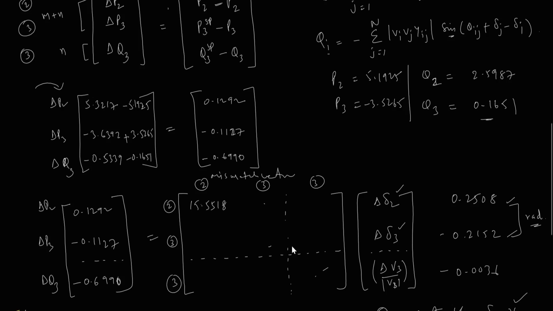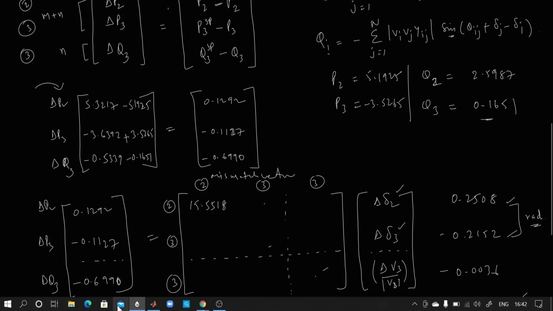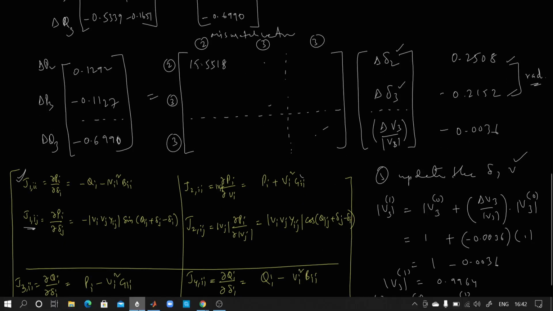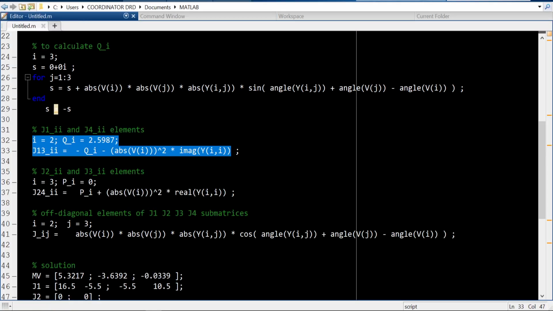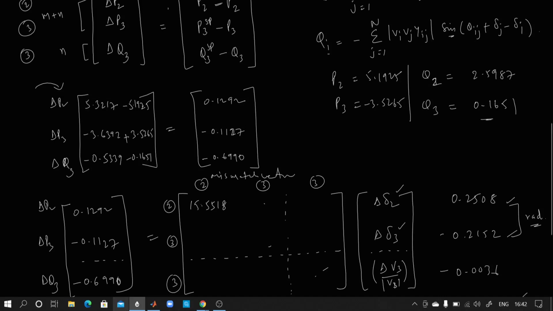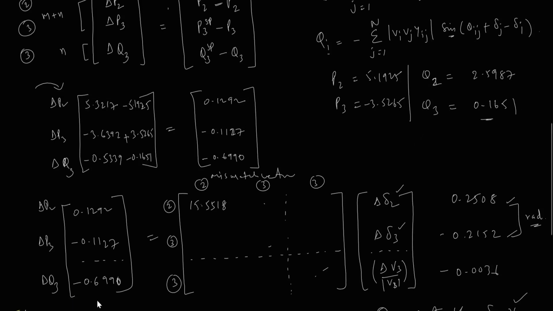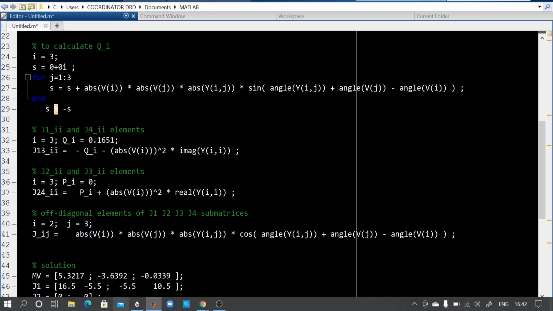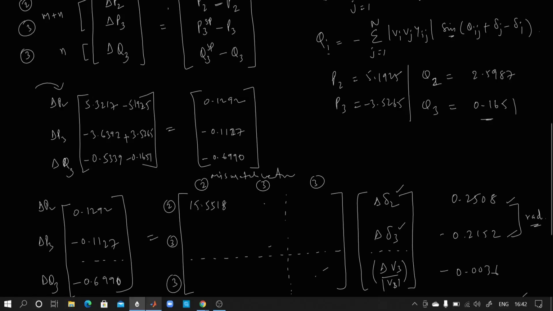15.5518, and now let me evaluate for 3, right? So I have done this minus, then this minus, right? So now i equals 3. What is Q3? Q3 is 0.1651, not minus.